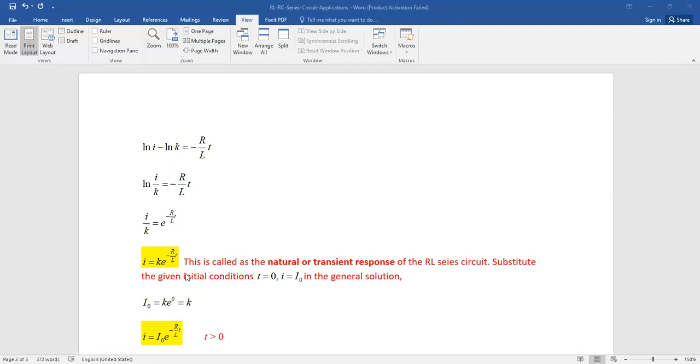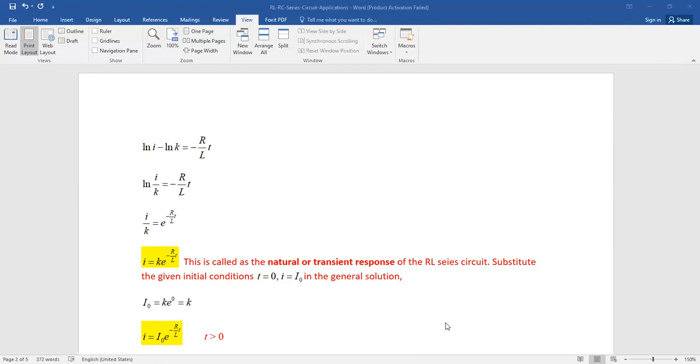Now there are questions related to problems on circuit applications that are connected to terms that refer to specific values. So this equation allows you to determine the natural or transient response of your RL series circuit.